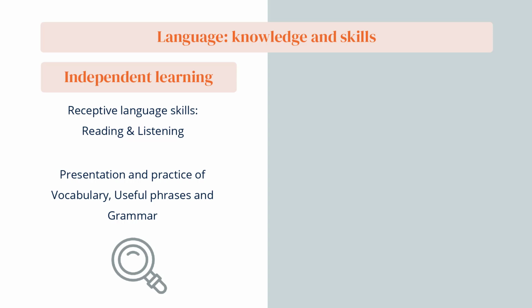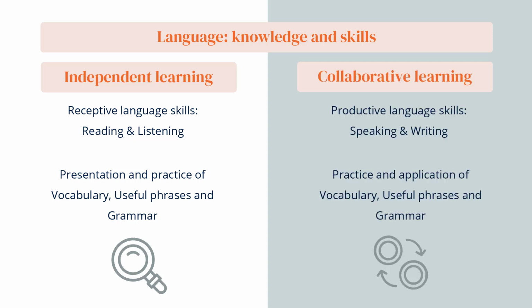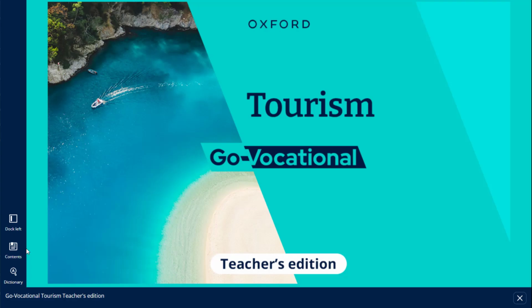Receptive language skills, reading and listening, as well as the introduction of vocabulary and grammar, are covered in the independent learning content, learning that students can do by themselves in or out of the classroom. Productive language skills, speaking and writing, as well as practice using the vocabulary and grammar, are covered in the collaborative learning that students do in a class, either physical or virtual, with a teacher and other students.